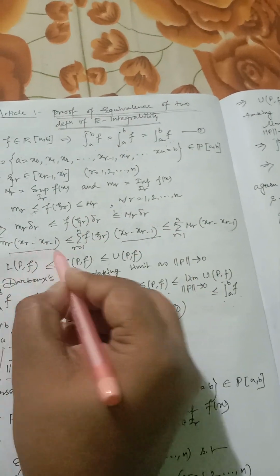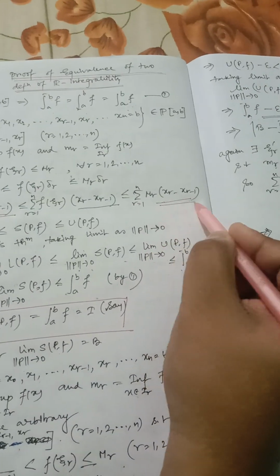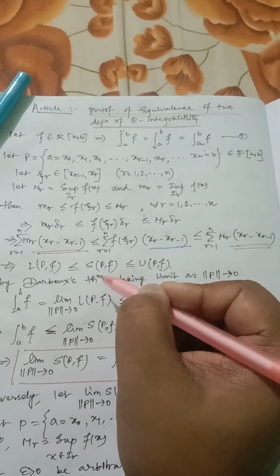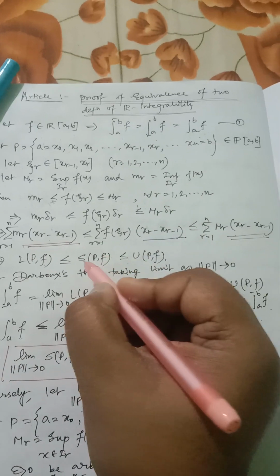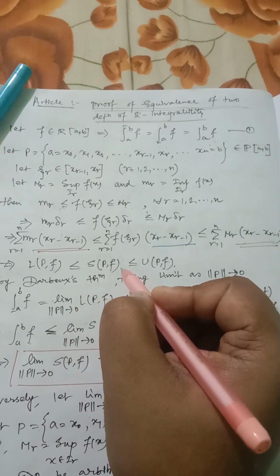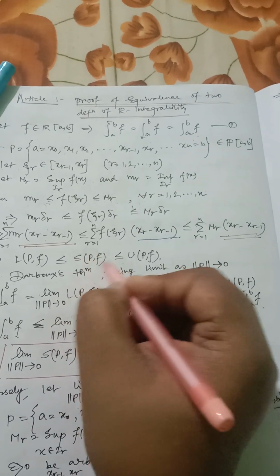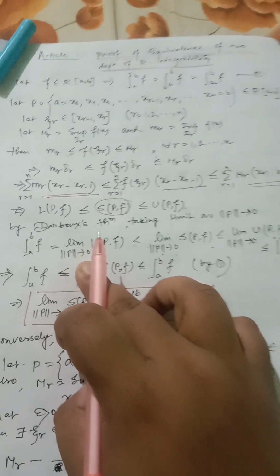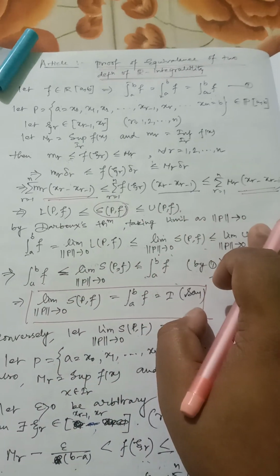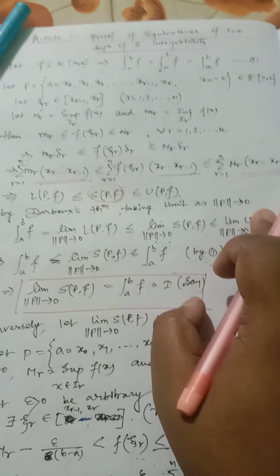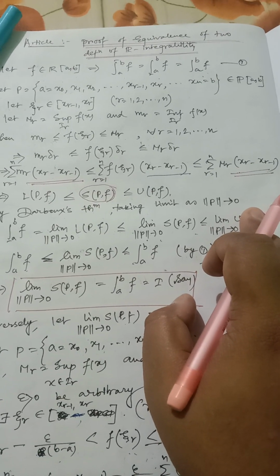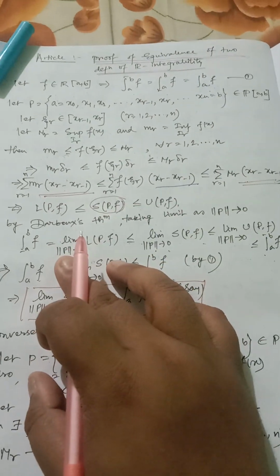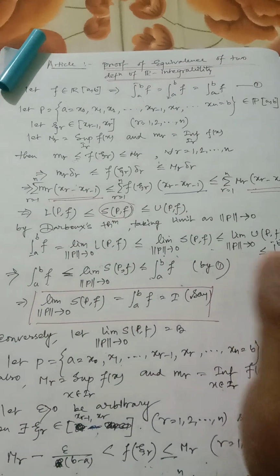But remember, the first part is nothing but L(P,f), the last part is nothing but U(P,f), and the intermediate portion is, as per our construction, nothing but the sum function over partition P defined over f. That's why we can write this as S(P,f). Now let us consider norm P tends to 0, because already I told you whenever you are considering too many partition points, then definitely norm P will be so small that it will be considered as tending towards 0.